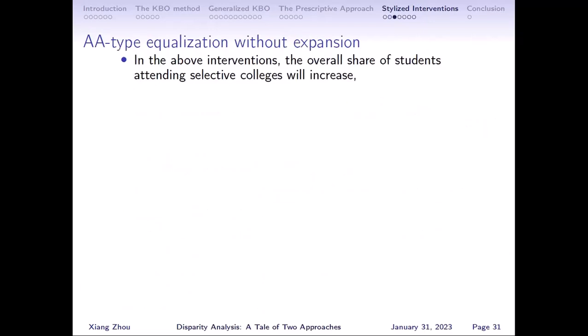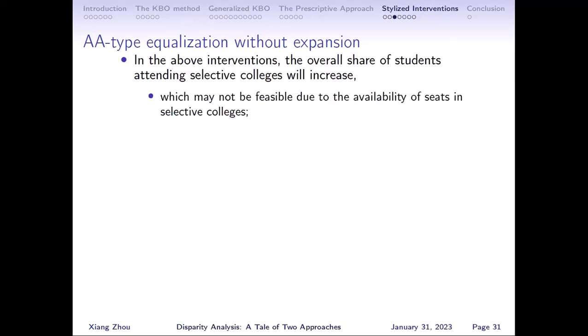And in both of the above interventions, you can see the overall proportion of students attending selected colleges will increase as a result of our intervention, because we don't do anything for white students, but we increase the odds of treatment for black students, right? And this might not be feasible due to budget constraints, due to availability of seats in selected colleges.